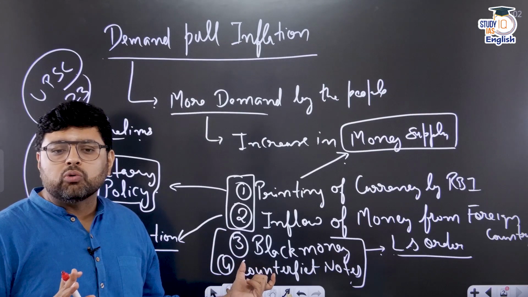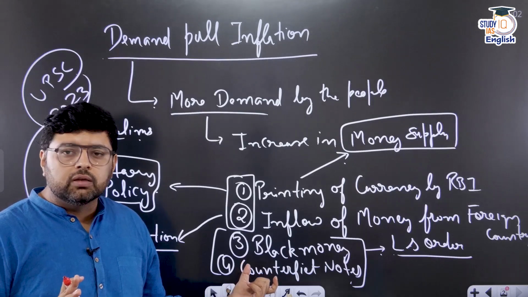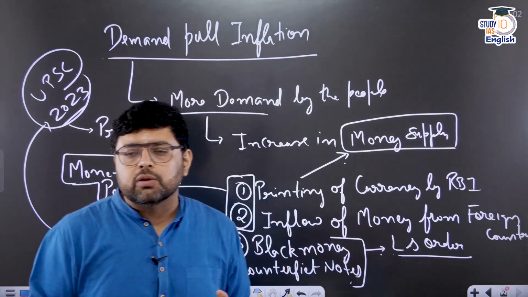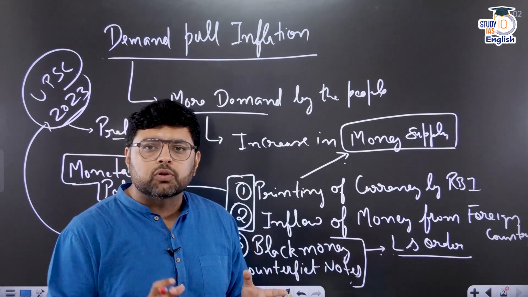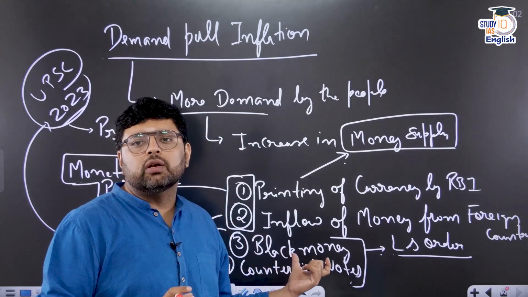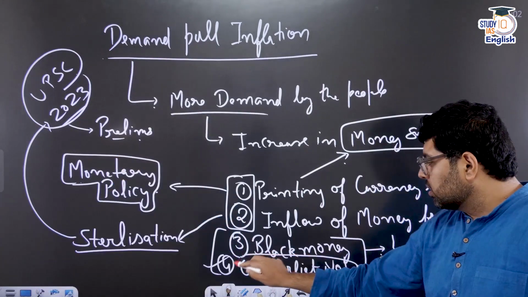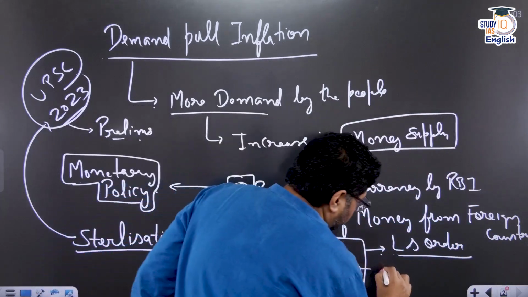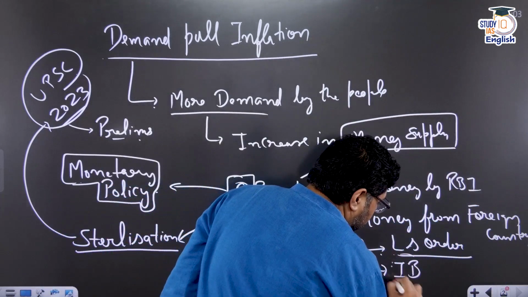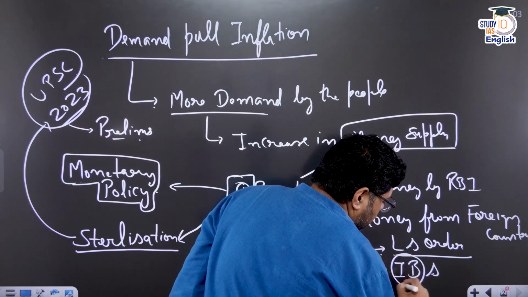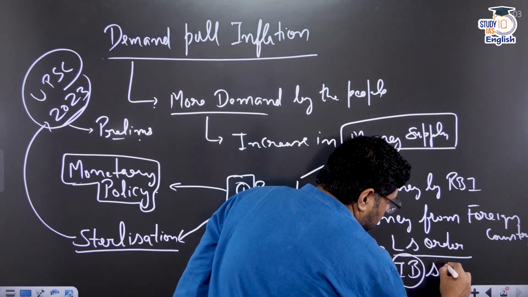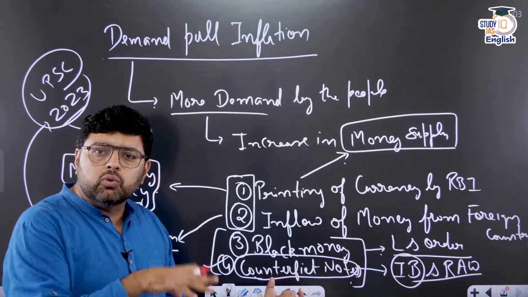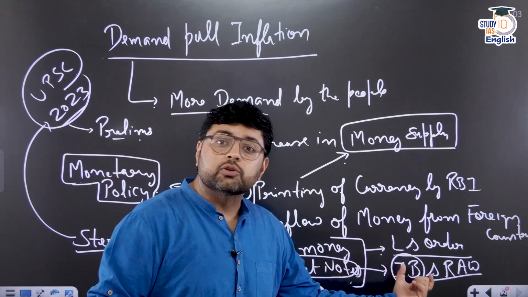Similarly, when we talk about counterfeit notes, concerned authorities like intelligence agencies are continuously monitoring that no one is responsible for these counterfeit notes. This is what you have to remember, that counterfeit notes are basically tackled with the help of IB, the Intelligence Bureau, and RAW, the Research and Analysis Wing. These counterfeit notes are monitored by these two organizations.